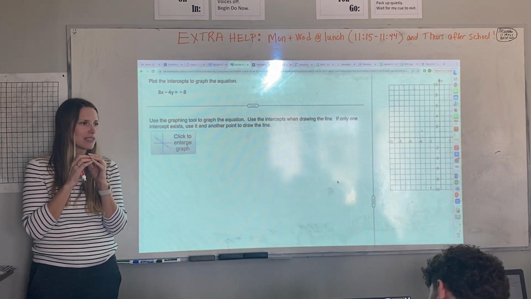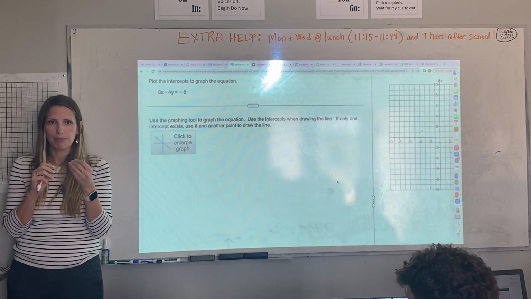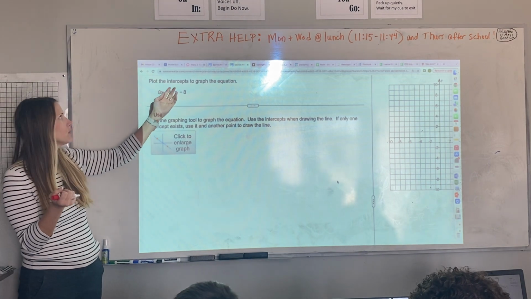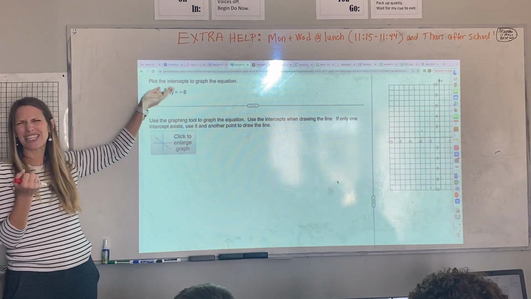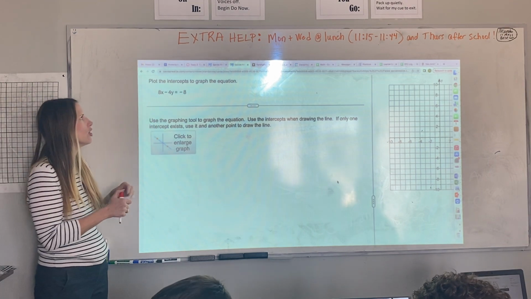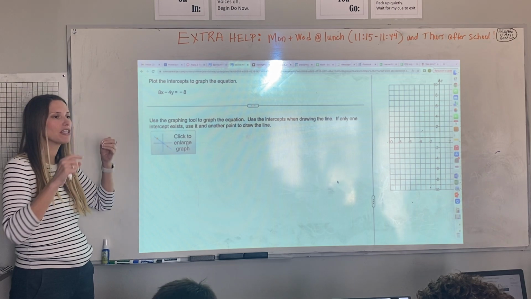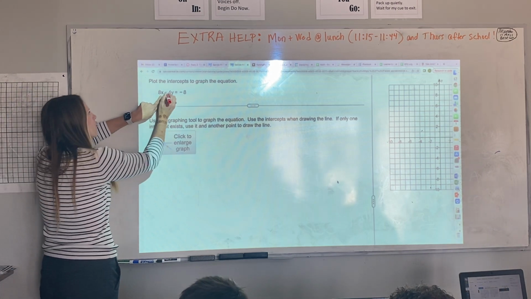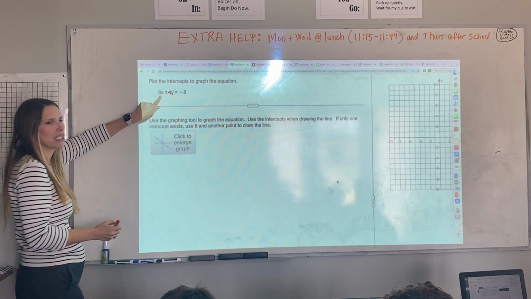Your intercepts. And you can plot a point just by plotting your point on your x-intercept and your point on your y-intercept. It's even telling you, plot the intercepts to graph the equation. Well, we know that to find our x-intercept, we make the y term disappear.